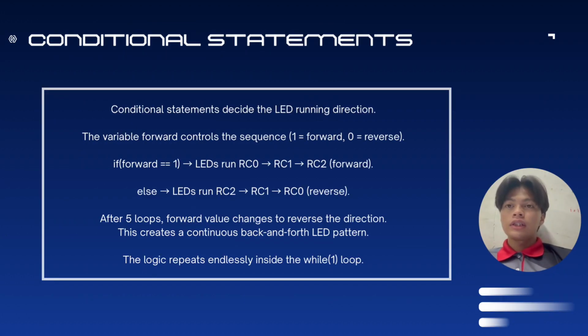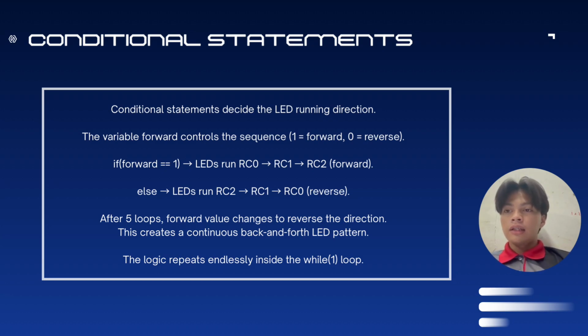Next, for the conditional statement. Conditional statements decide the LED running direction. The variable forward controls the sequence: 1 equals forward, 0 equals reverse. If forward equals 1, LEDs run RC0 to RC1 and RC2, which is forward.